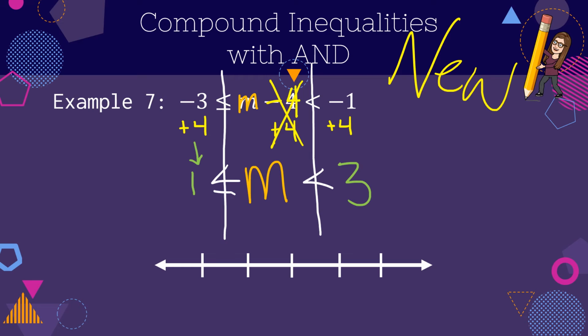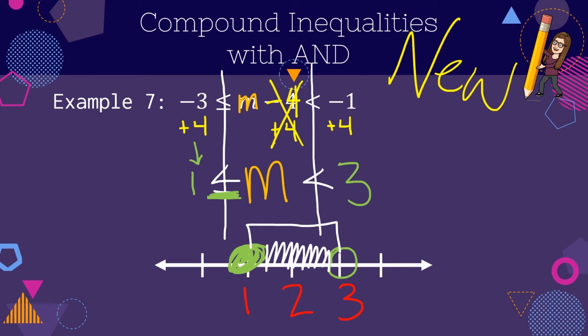All right? Well, let's graph. We've got a number 1 and 3. 1 has a line under it, so it's going to be solid. 3 does not, so it's going to be open. That's the same. And what's new? The m is in the middle, so I shade in the middle.